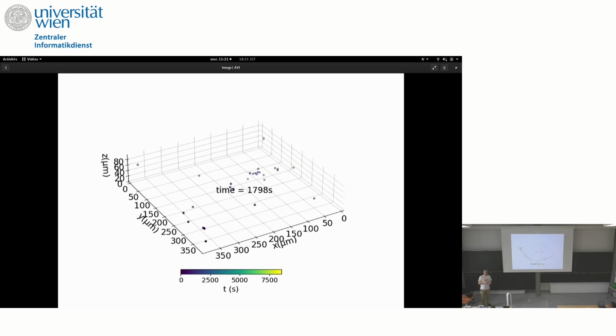So it seems that we have a phenomenology where you first have discrete and somehow unrelated events occurring, and at some point they become very correlated and occur more or less at the same place, and that's where you have the fracture growth going.